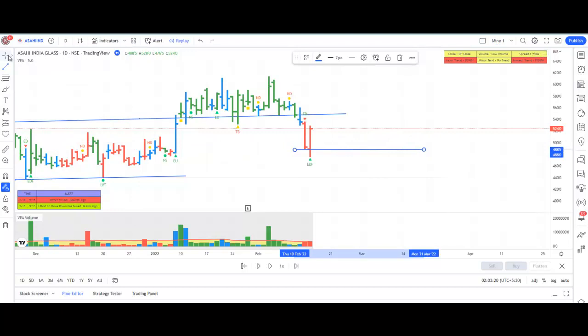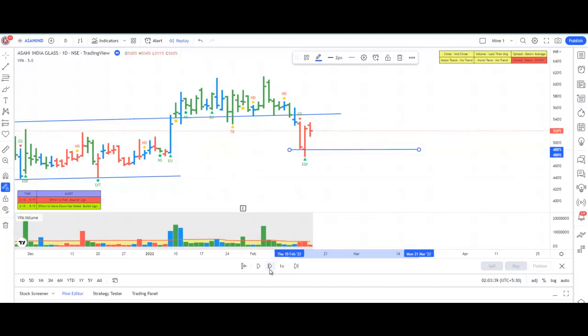So this is our important line now. Below this bar, you can expect the price to go down further and more weakness coming here. So as long as the prices stay above this line, we are safe. And let's see how the prices move.